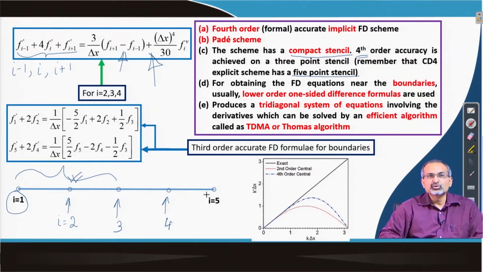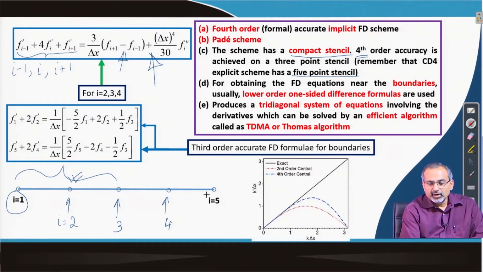But when you move on to the boundary points, this scheme won't work, because there will be a point at which the functional value and one of the derivatives will be required to be put into that equation, where those values are not available to you. Therefore, you need to have a different way of defining the derivatives at the boundaries.